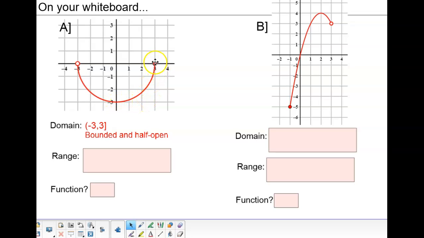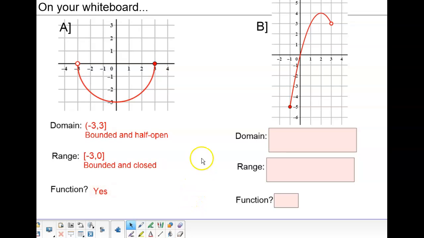And since it's closed here at this endpoint at (3, 0), it's possible for y to be a 0 there. So we're going to count that as closed then on both sides. So the interval is bounded between -3 and 0, and it's inclusive on both ends. Okay, this is a semicircle, and that is a function. It passes the vertical line test.